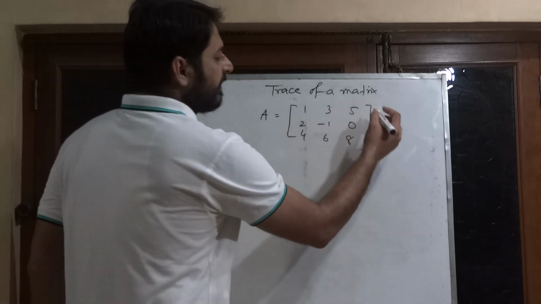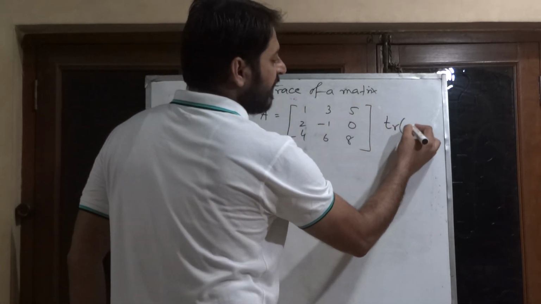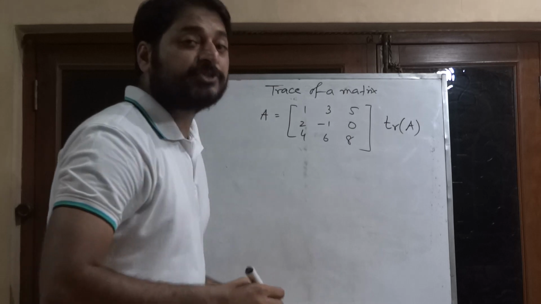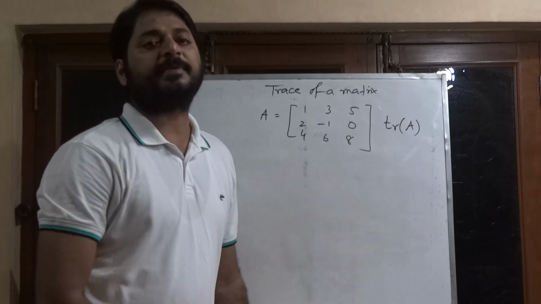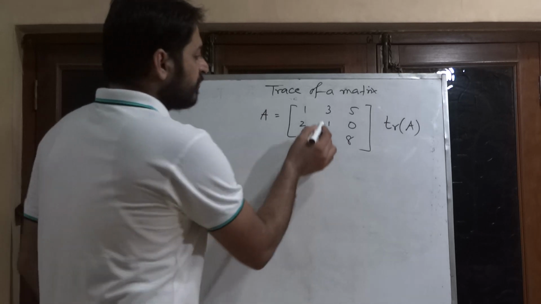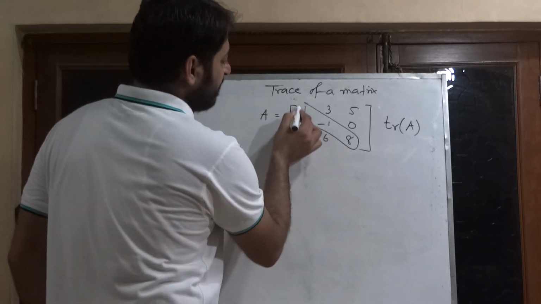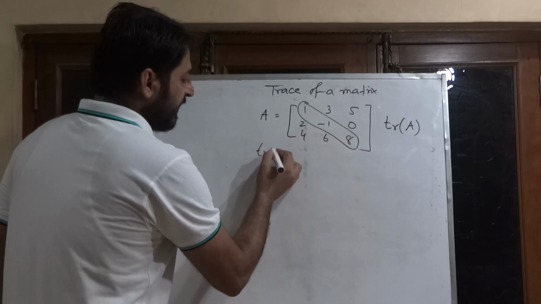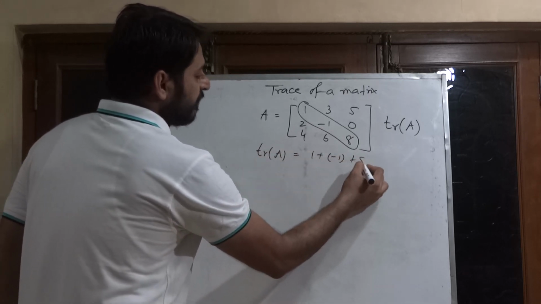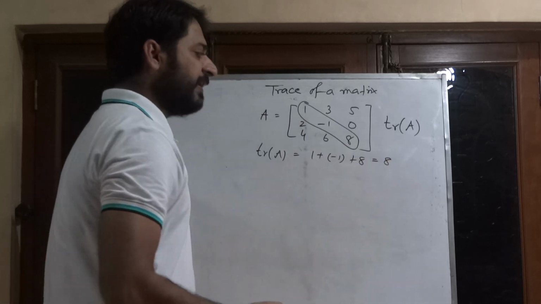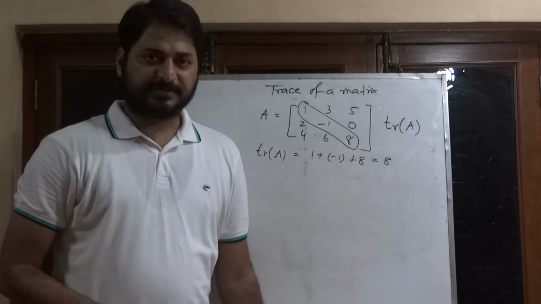The trace of a matrix is represented by TR A. And what actually is the trace of a matrix? The trace of a matrix is the sum of all the diagonal elements of the given matrix. So trace of A is 1 plus minus 1 plus 8, which equals 8. So trace of A is 8.